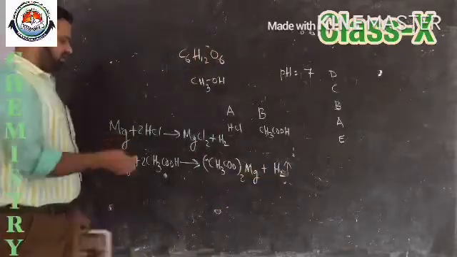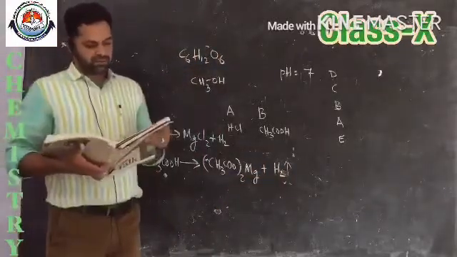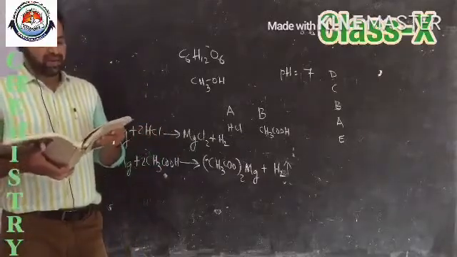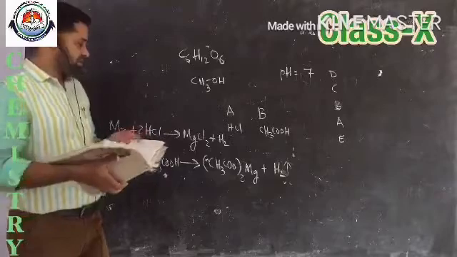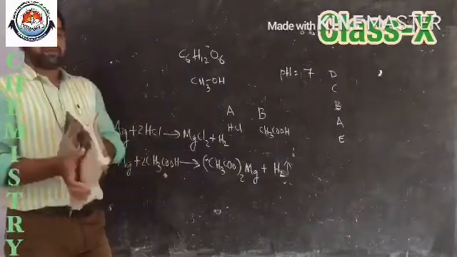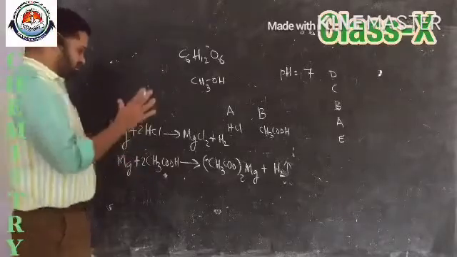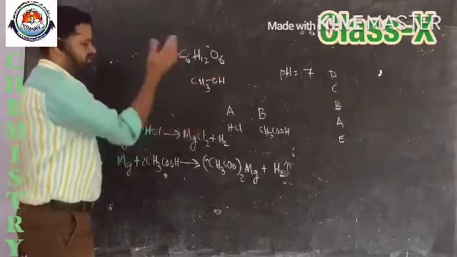In which test tube will the fizzing occur more vigorously, and why? The fizzing will occur more in test tube A, because it is a stronger acid. It reacts quickly and gives H2.